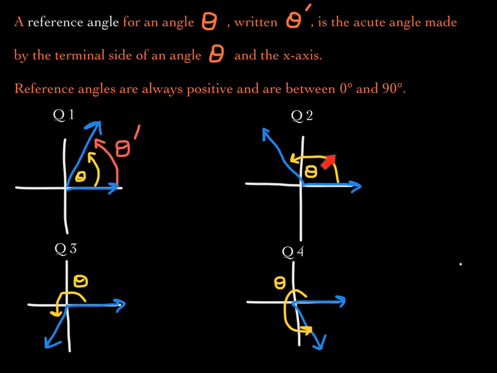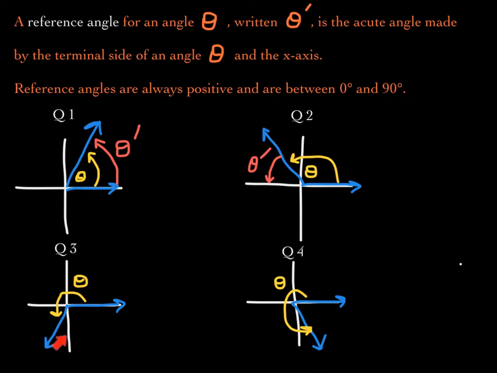But in quadrant 2, the reference angle is the acute angle formed by the terminal side and the x-axis. So this right here would be the acute angle theta prime. For quadrant 3, it'll again be the terminal side to the x-axis. Be careful: a lot of times students make the mistake of making the reference angle the terminal side to the y-axis.